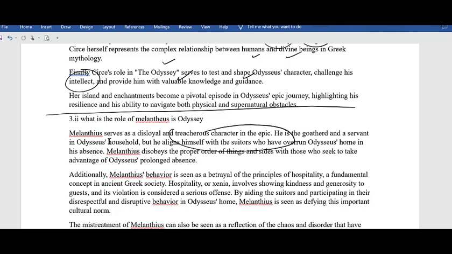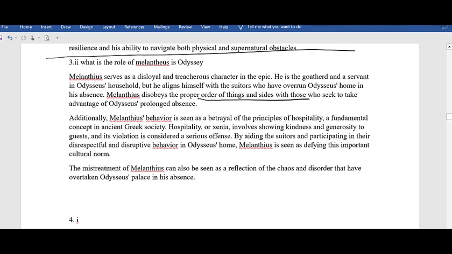So he is disobeying the proper order of things, and he's also siding with the people who are against the empire. So he's a typical traitor, and that's the reason he is treated very badly towards the end of the epic. So Melanthius's behavior is also provocative, and very important in the Greek world, because for the Greeks it is very, very important to have hospitality.